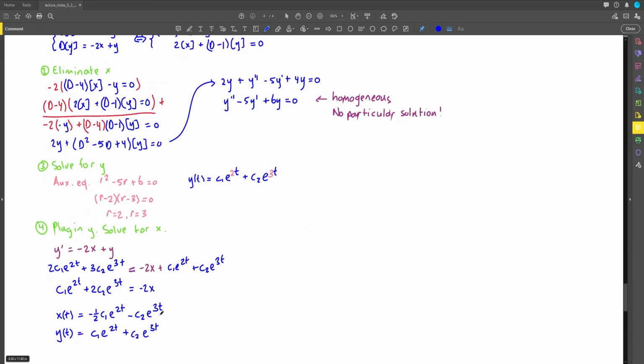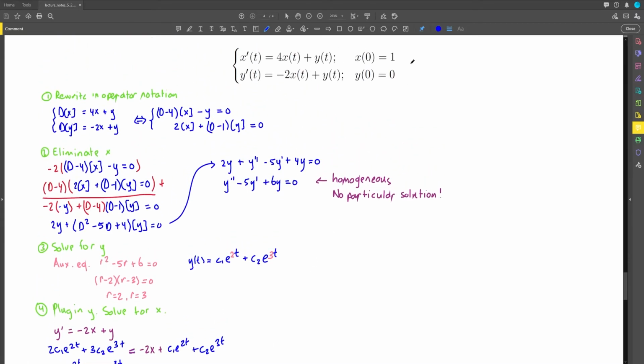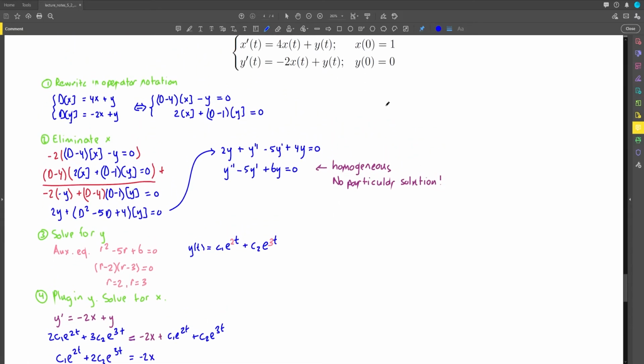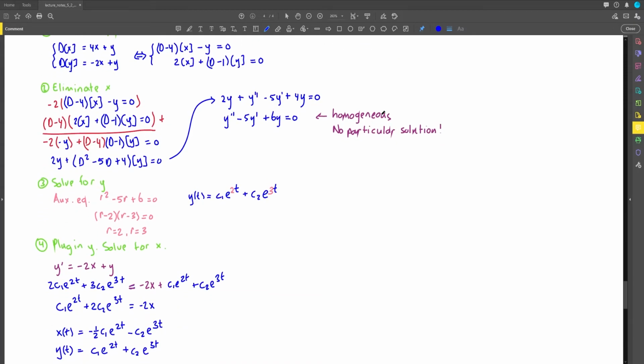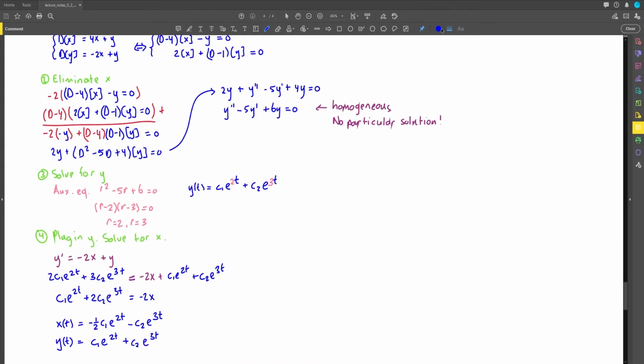Now, we still need to figure out what c1 and c2 are, because we're given some initial conditions here. So our initial conditions are given by x at 0 equals 1 and y at 0 equals 0. So what that implies is that when you plug in 0 for x, you get 1.